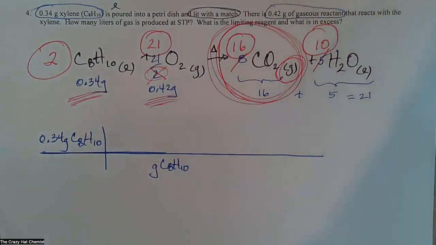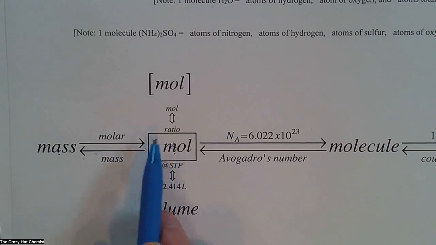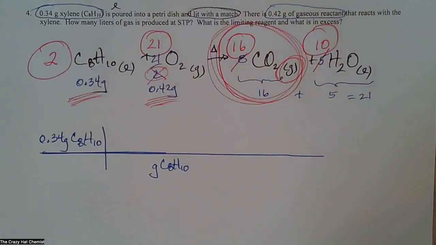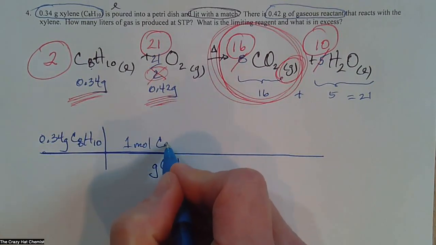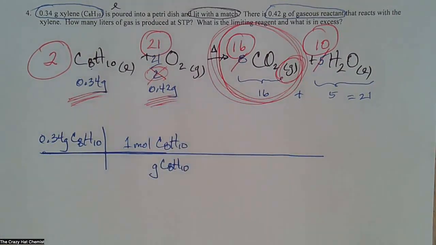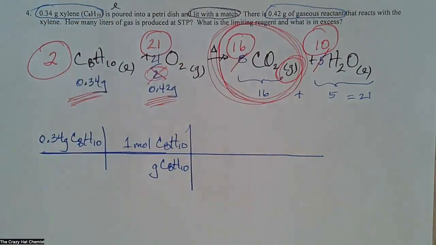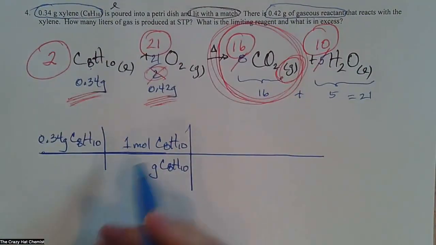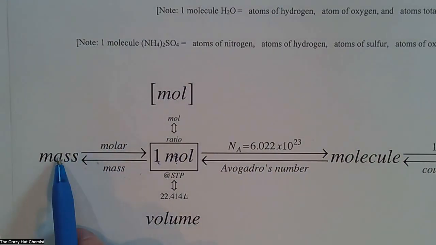Using our flow chart, we're going from mass to moles. We have 1 mole that's going to be in the numerator. So this is going to be 1 mole of the same formula, C8H10. And then here is our vertical stop. Fantastic. Now what we need to do is calculate the molar mass, because we're going from mass to moles.